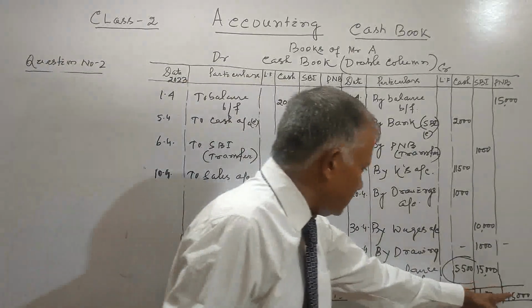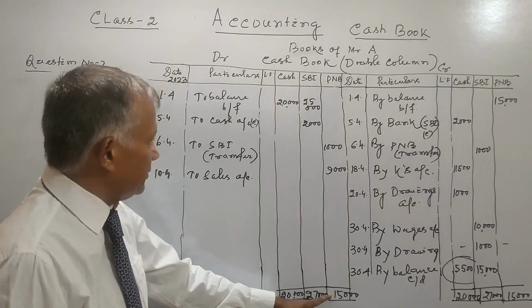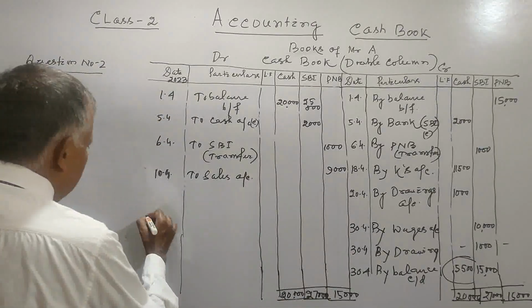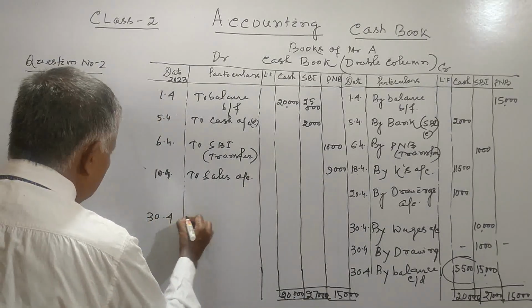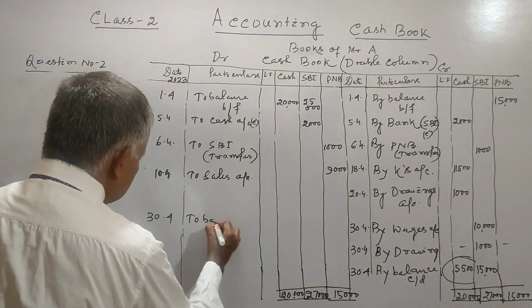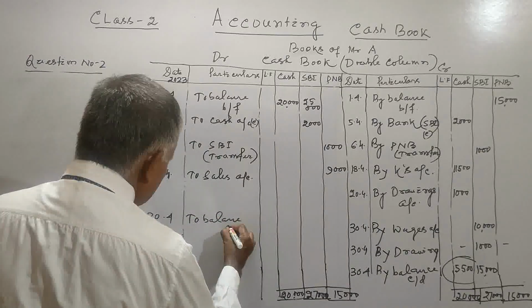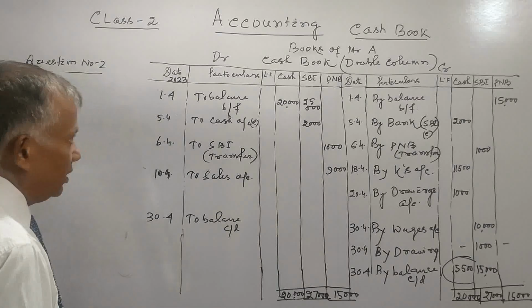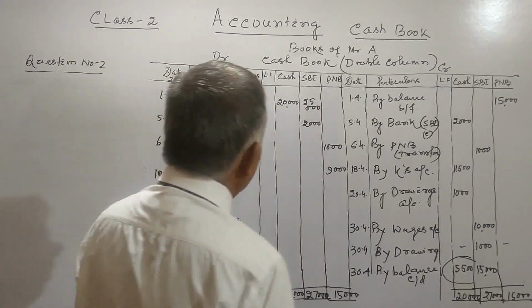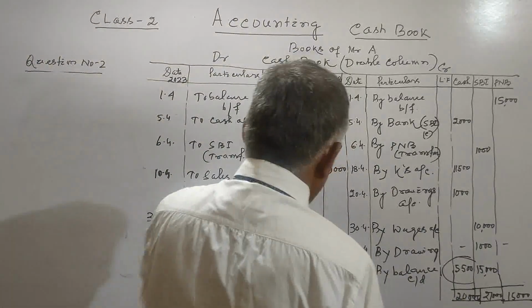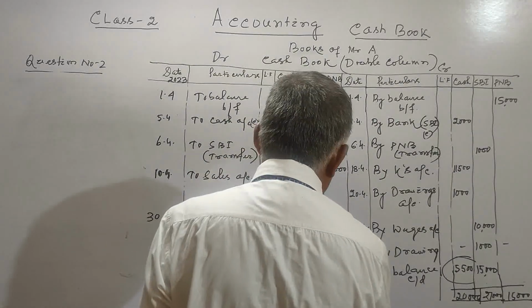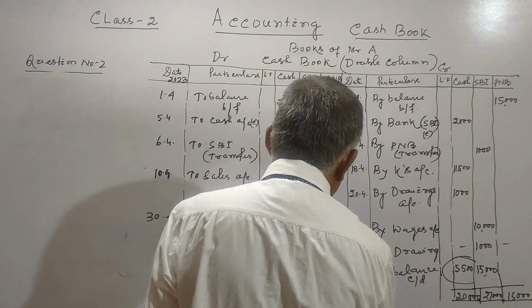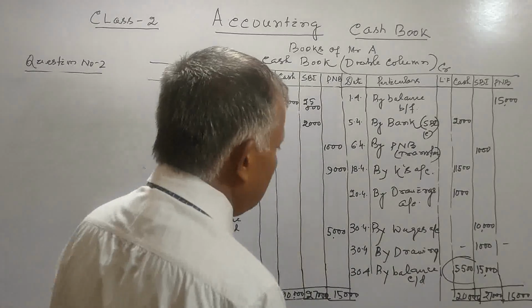So here 15,000. Here also 15,000. You write to balance c/d. It is 5,000.